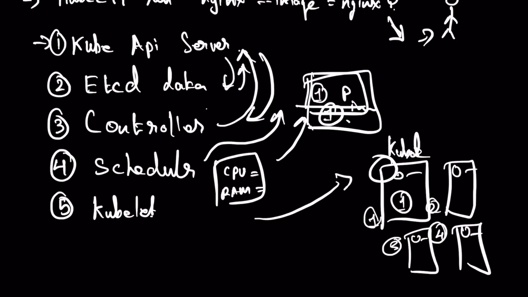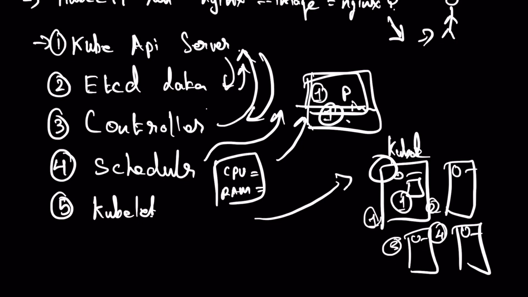Now the kubelet takes action and it pulls the images from the image repository, and then it starts creating the containers in the node, and finally a container would be placed in the node. So for a pod to be placed, all these steps should go through. Only then a pod or container can be placed inside a node.